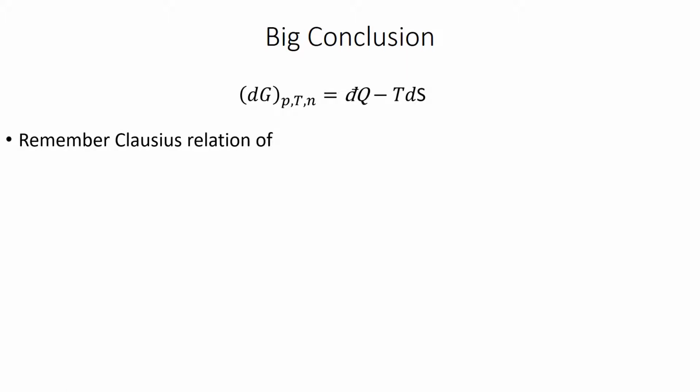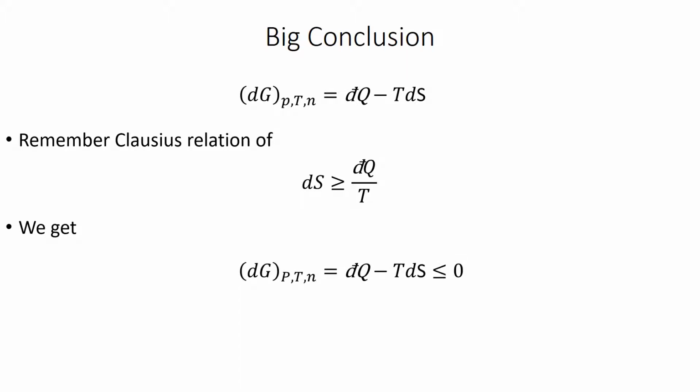Now, if you remember back to the very first lecture, there's the Clausius relation for the entropy, which is equal to this. Remember that inequality. If the change in the entropy is greater than dQ on T, you have an irreversible process. If it's equal, then you have a reversible process.